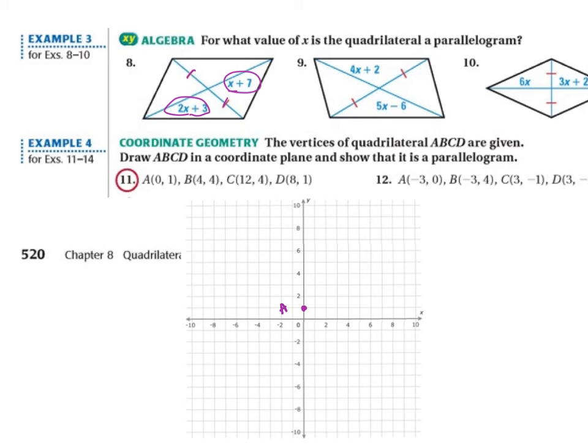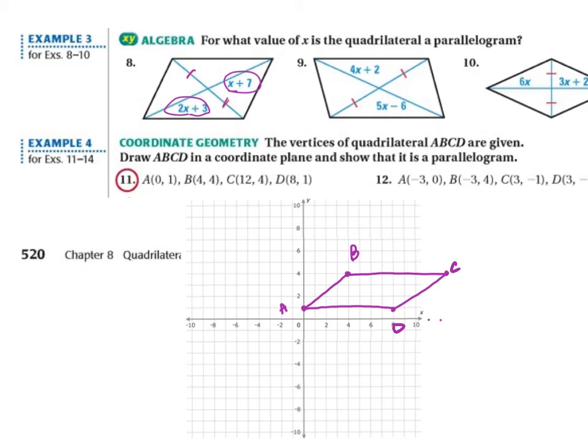B is 4, 4. C is 12, 4. And D is 8, 1. With me so far? This was C, this was D.